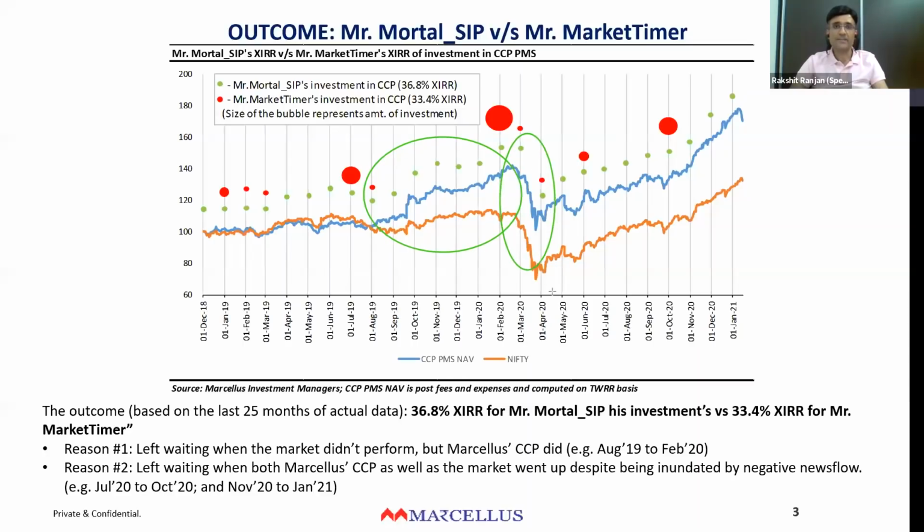Even after the crash of COVID came, the bottom of the crash was still a little higher than July, August levels. So somebody who was waiting since July, August for a crash would have felt very good with the COVID crash, but still his entry point was not lower than July, August, right? That's one example, and this happens quite frequently.